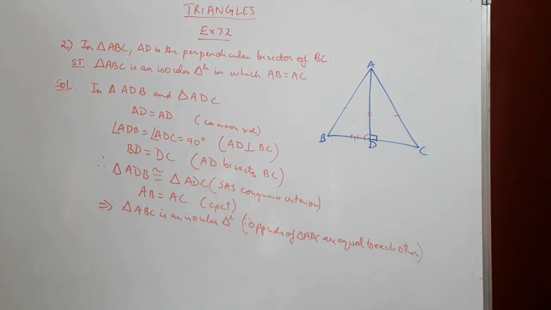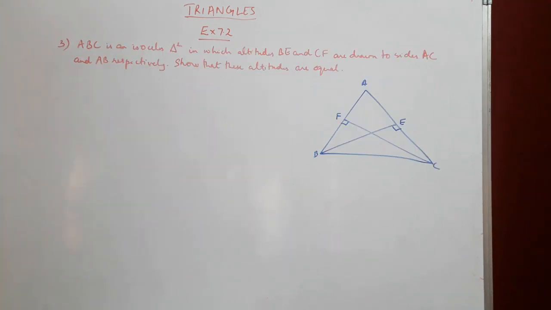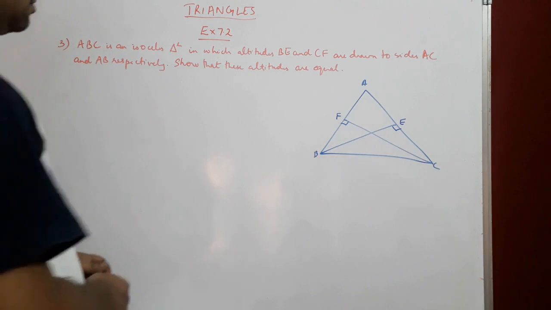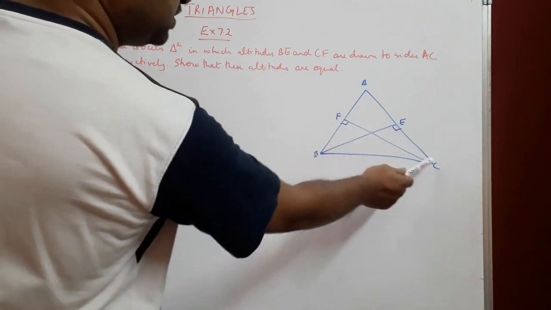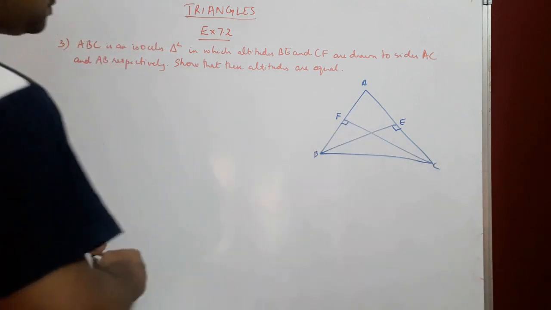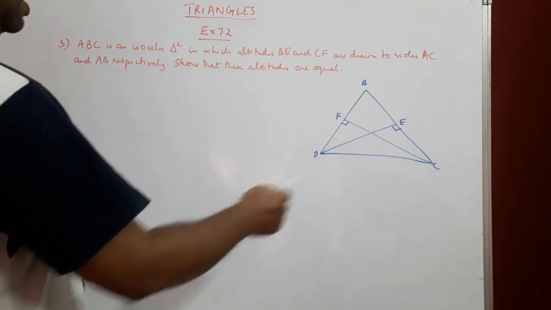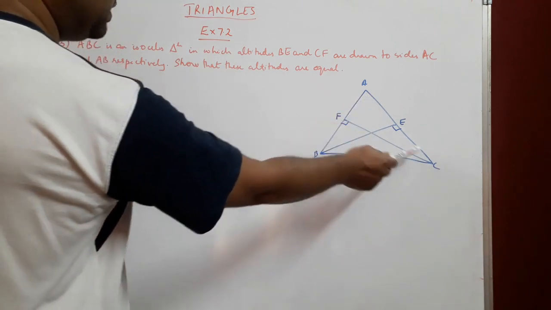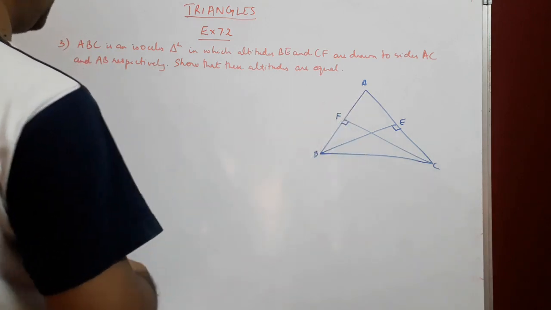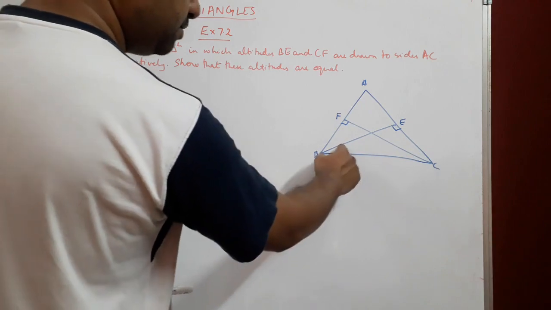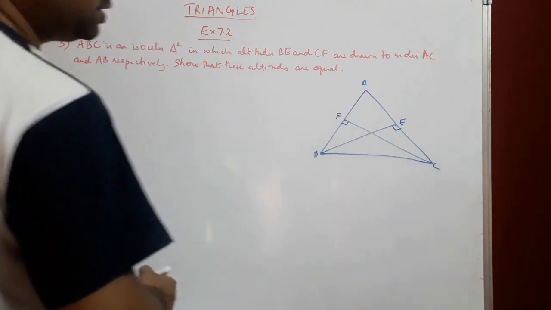Let's solve another problem. Our next problem says ABC is an isosceles triangle in which the altitudes, these are the altitudes or the heights, BE and CF are drawn to sides AC and AB respectively. Show that the altitudes are equal, which means we need to show BE is equal to CF.